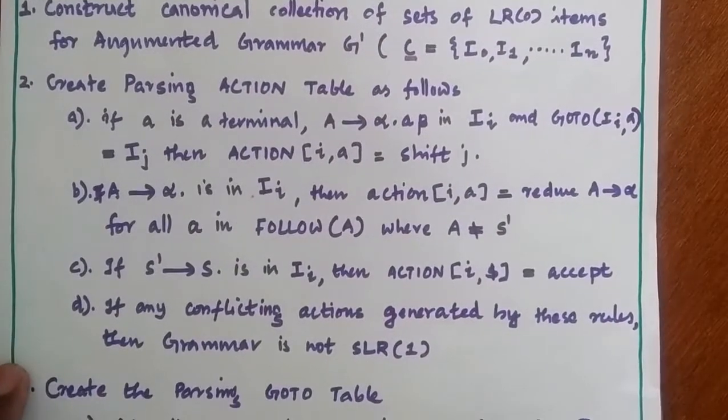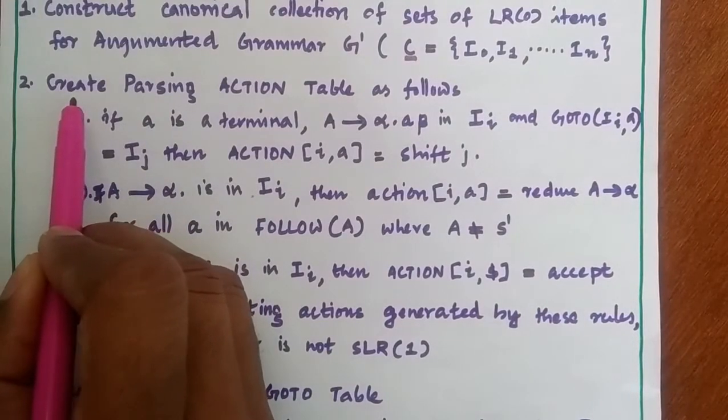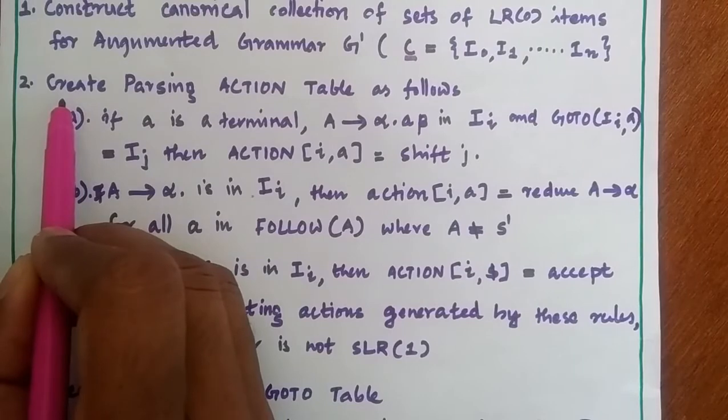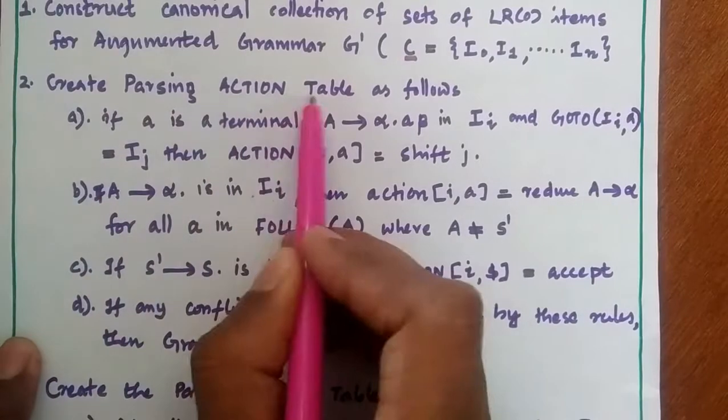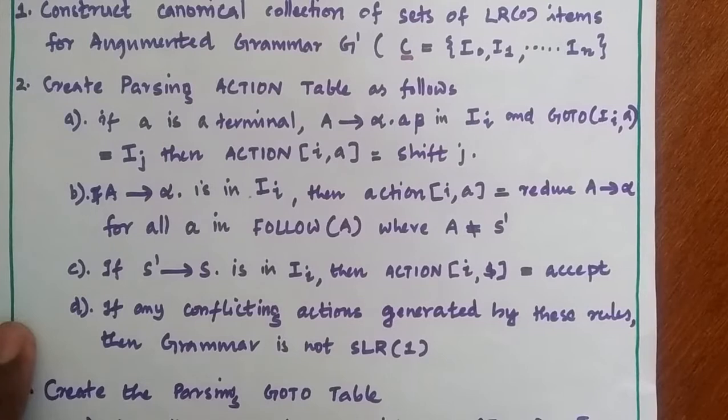The second step is, after constructing the canonical collection, you can directly construct the parsing table, the action table and goto table. There are 2 tables in an SLR parser, for every LR parser: the action table and goto table. Both tables we can construct after that.